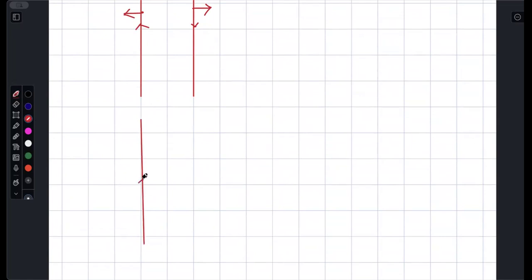Now you have a long straight current carrying conductor. You have another parallel current carrying conductor like this. Now they are separated by a distance d. Now the force is mu naught by 2 pi I1 I2 by d.